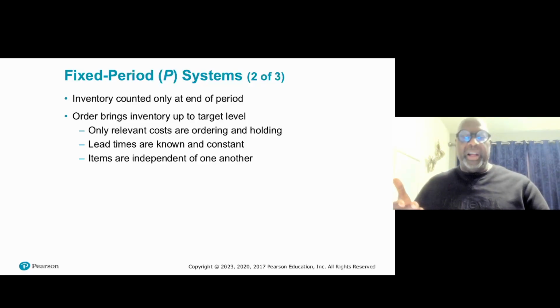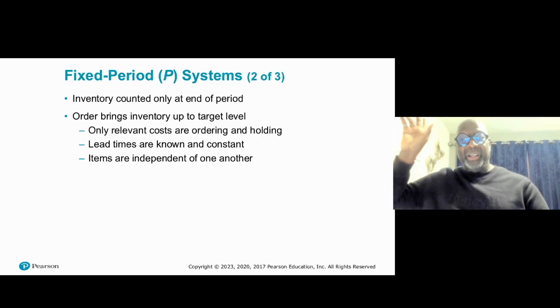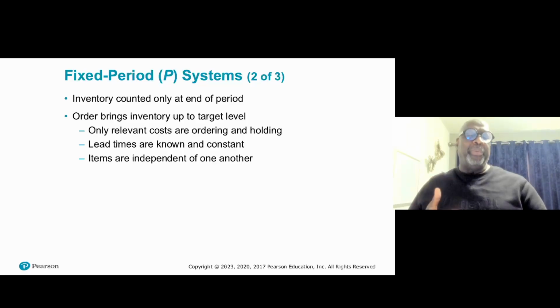Think of your car, if you have a car, and you decide that when I get to a quarter tank, I will fill up. So what happens now is that you get to a quarter tank, you fill up. Quarter tank, you fill up. So that's the reorder point system. You continually monitor your gas level until you hit a quarter tank.